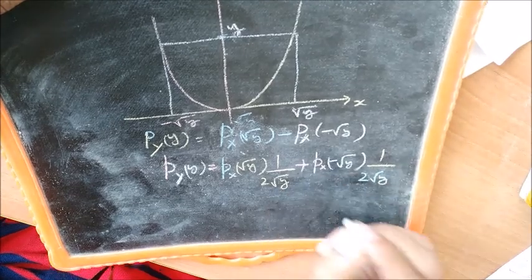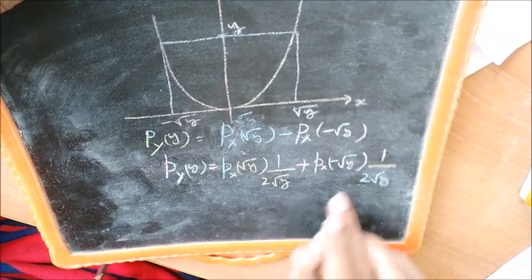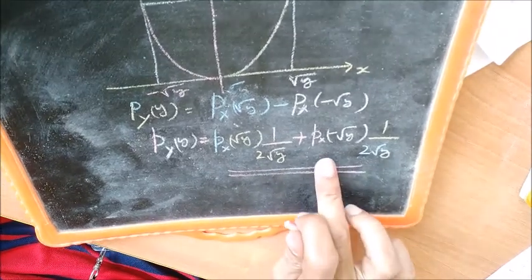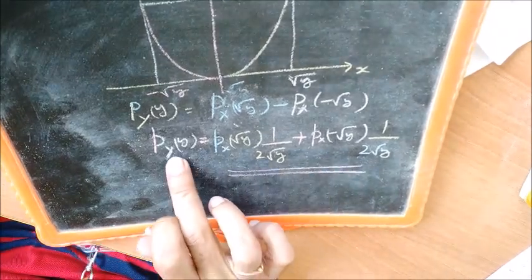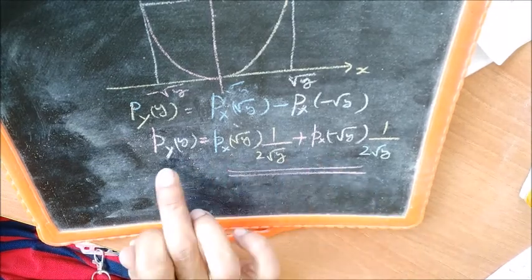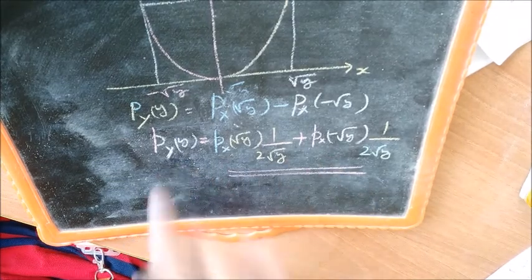That minus and this minus becomes plus, and this is the density function of y in terms of the density function of x. So if you know the density function of x, you have with you the density function of y.